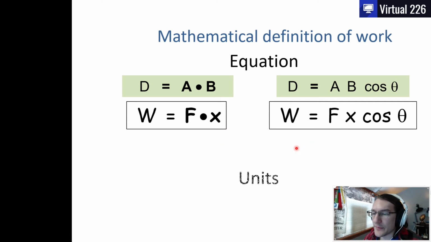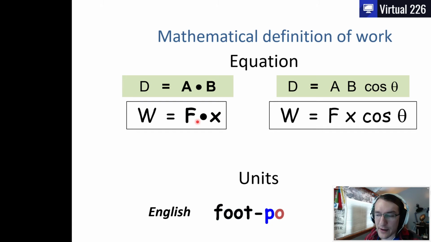Now for units, work has interesting units here. In English units, a force is a pound, and distances or displacements can be feet. So for English units, we actually get a foot-pound, which has got to be like the dumbest thing you've ever heard, right? Literally a foot-pound, like pound it, but with your feet? Nah, but that's what it is. It's a foot-pound. We'll also see that unit come back a little bit later on when we talk about torques.